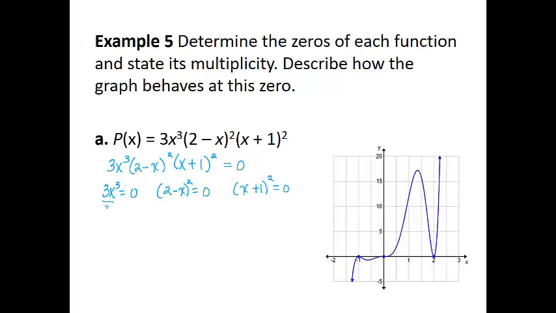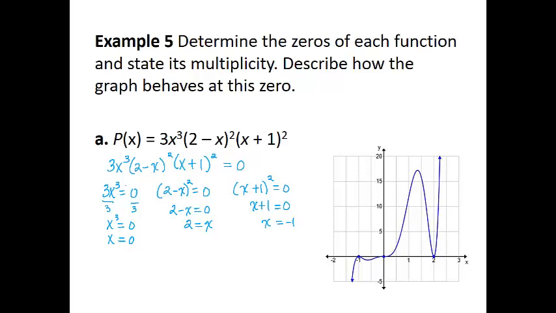Dividing by 3 in the first equation gives us x cubed equals 0, so x equals 0. For (2 minus x) squared equals 0, applying the square root property, we get 2 minus x equals plus or minus the square root of 0, which is just 0. So if we add x to each side, we get 2 equals x. For (x plus 1) squared equals 0, we apply the square root property to get x plus 1 equals 0, so x is negative 1.